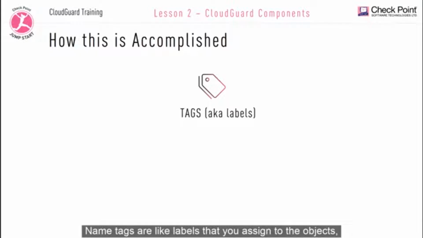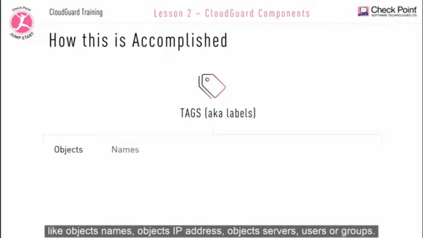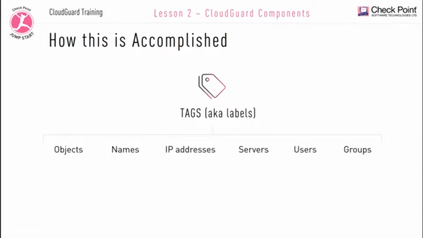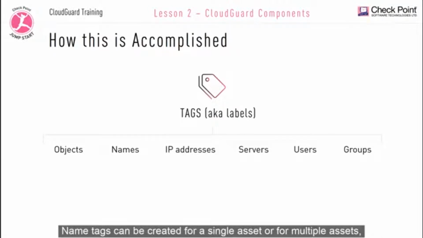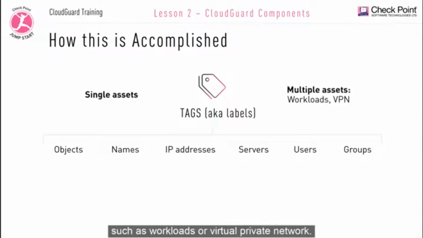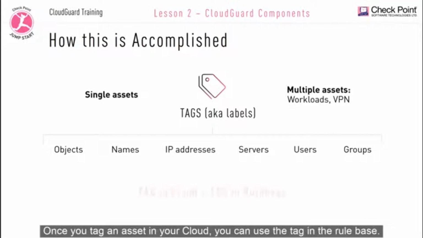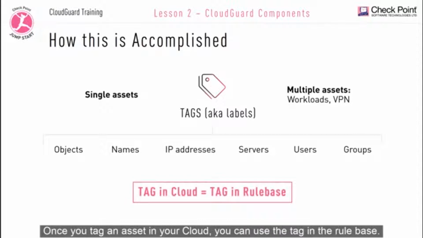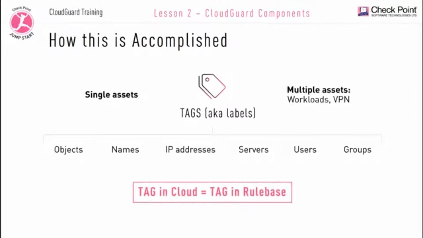Name tags are like labels that you assign to the object, like object names, object IP addresses, object servers, users, or groups. Name tags can be created for a single asset or for multiple assets, such as workloads or virtual private networks. Once you tag an asset in the cloud, you can use the tag in the rule base.